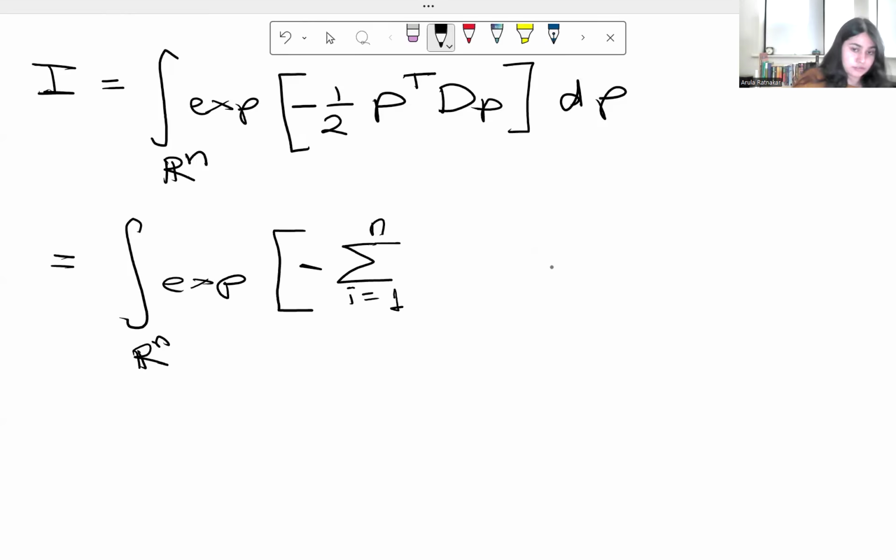We're so close to being done. Literally, we're so close to being done. 1/2 di pi squared. And you might see where this is going at this point, but it's going somewhere very satisfying.